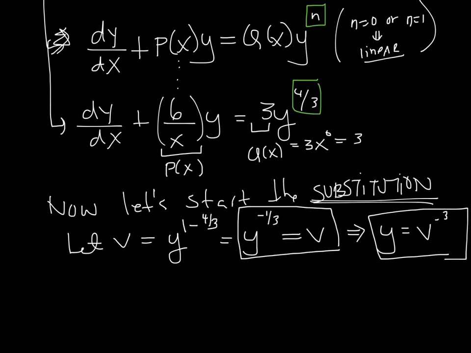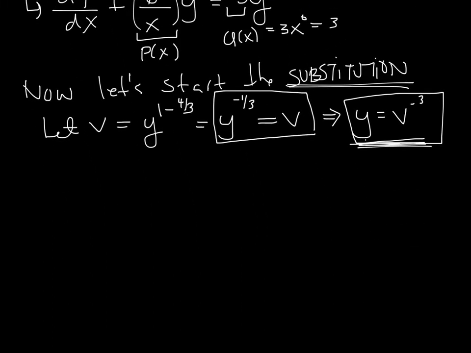So there's two relationships, and finally we are going to differentiate this, and so that's just going to be our dy dx. I'm really doing d dx of y, which is dy dx. But remember, there's a chain rule implied, because our v is really y to the negative 1/3.